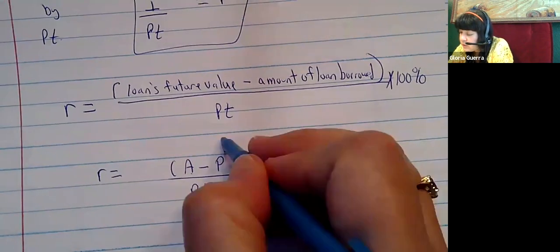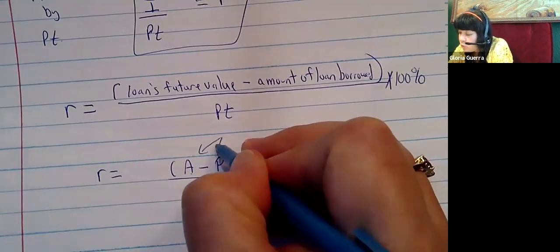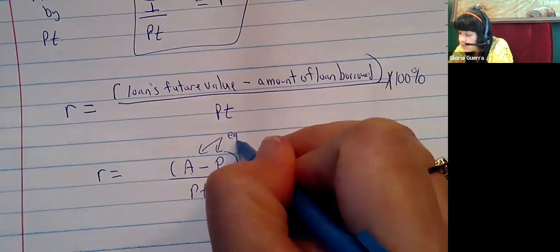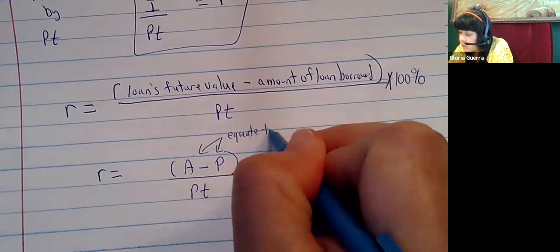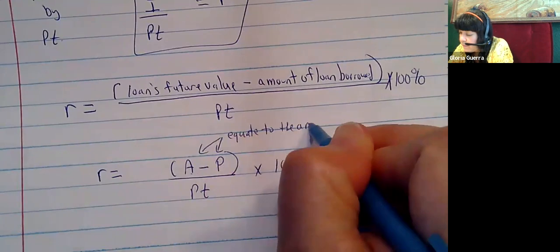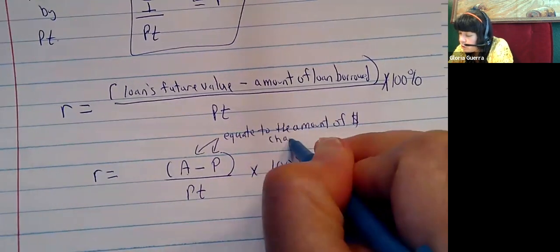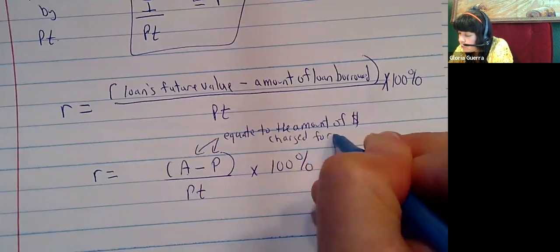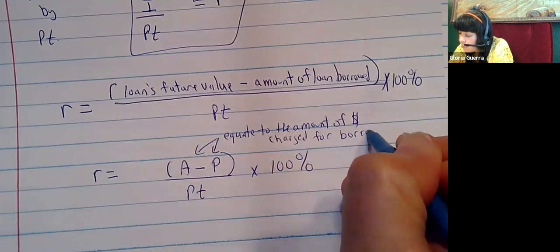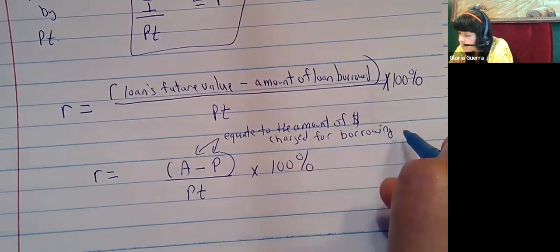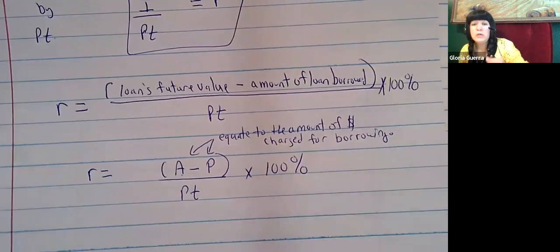So the interest is how much money, both of these equate to the amount of money charged for borrowing. So you take your loan's future value and you minus the amount borrowed, and that ends up being your interest. They didn't loan you the money for free, they charged you.